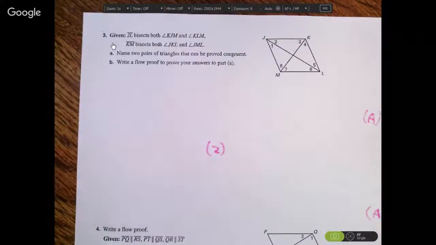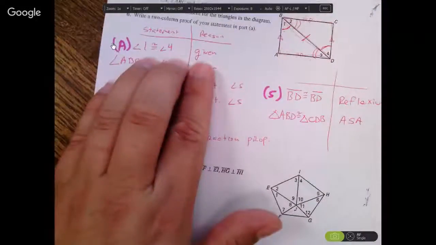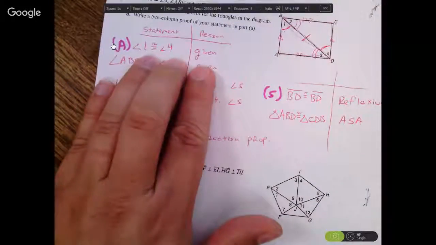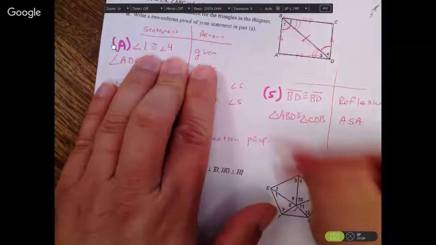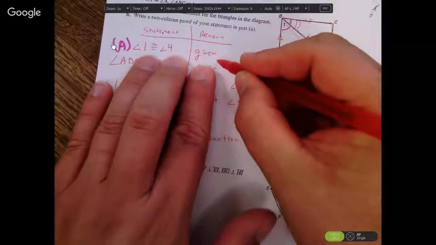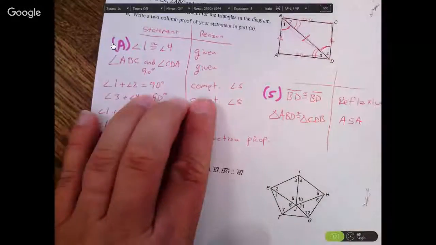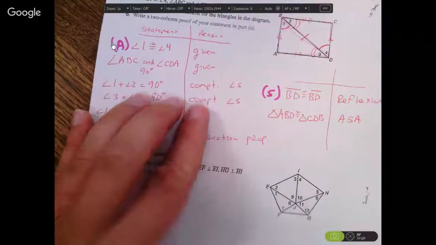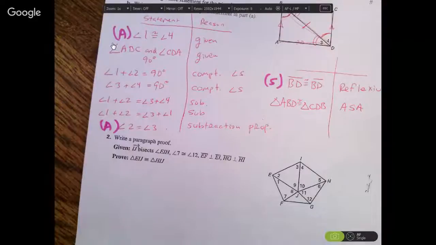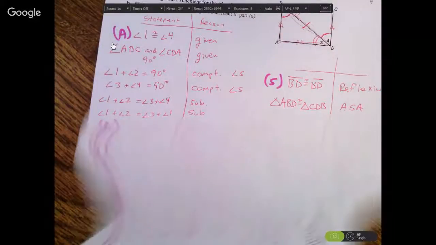All right, so number 3. Okay, so it says a flow proof. A flow proof is exactly the same thing, except when I finish this statement reason, I put a comma, and then I put this next line. And then I put a comma, and then I put this next line. A flow proof has the exact same words.